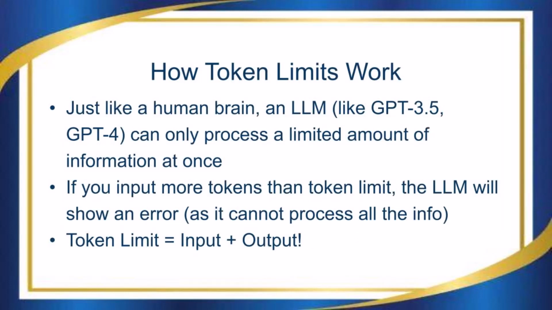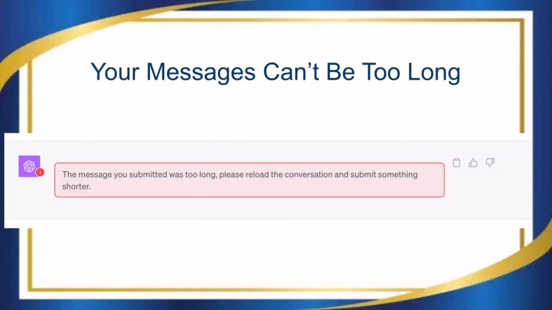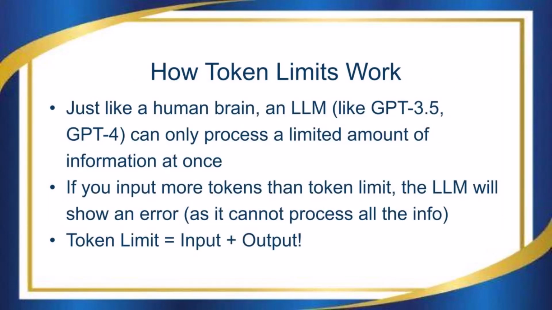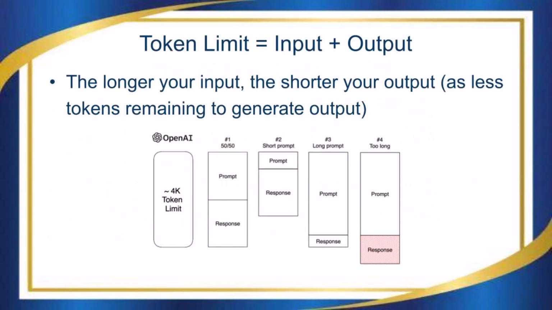So, how do token limits work? Again, keep in mind, just like the human brain, a large language model has a limit to the amount of information it can process at once. If you input more tokens than the token limit, the LLM will show an error. Again, this is this error here. And the token limit consists of both input and output. All right? That is why the longer your input, the shorter your output.